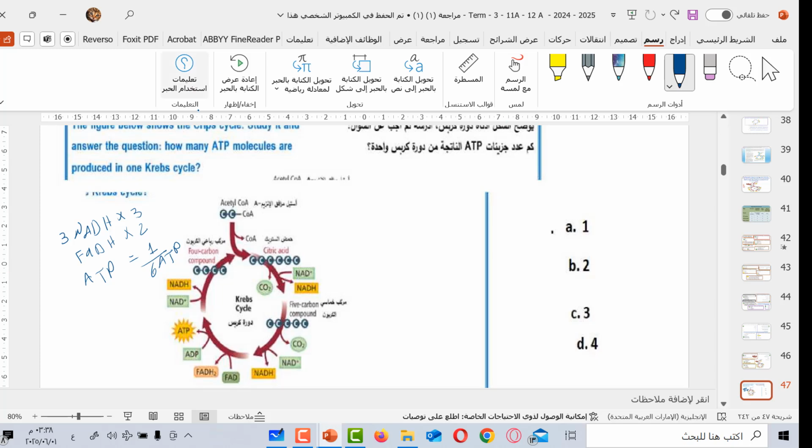How many ATP molecules are produced in one Krebs cycle? One Krebs cycle. I don't know how he counted, but sometimes maybe they count it differently.